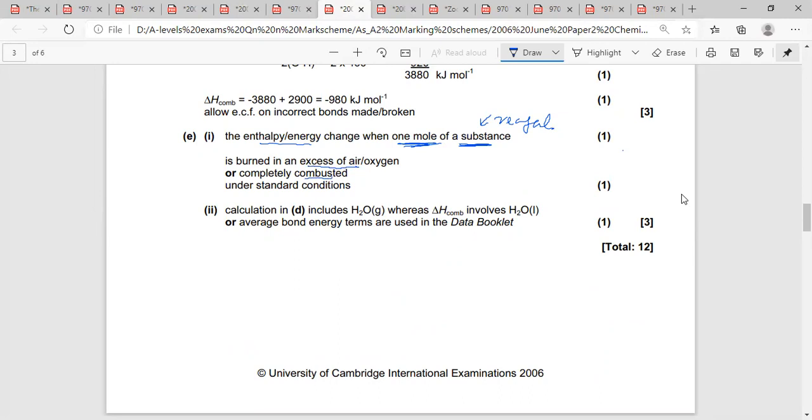Burn in excess, undergo complete combustion. That means it cannot stop halfway. Like carbon cannot give you carbon monoxide, it gives you carbon dioxide, unless you have combustion of carbon monoxide. Under certain conditions, 1 mark, always. This whole thing here is 1 mark: enthalpy change when 1 mole of a substance is completely burned under certain conditions.